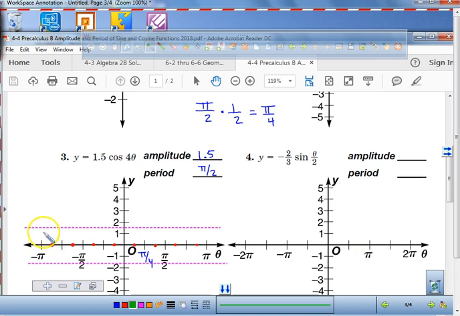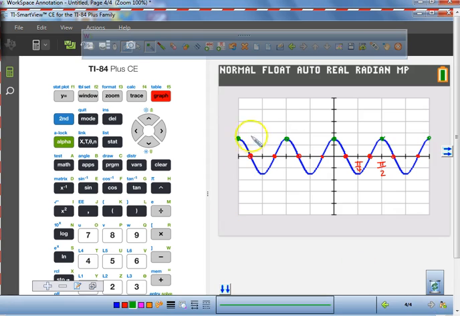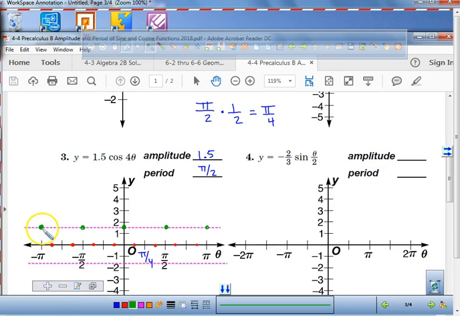Right here, that's my first place. I have 1, 2, 3, 4, 5. That's where all of my positive 1.5s are.